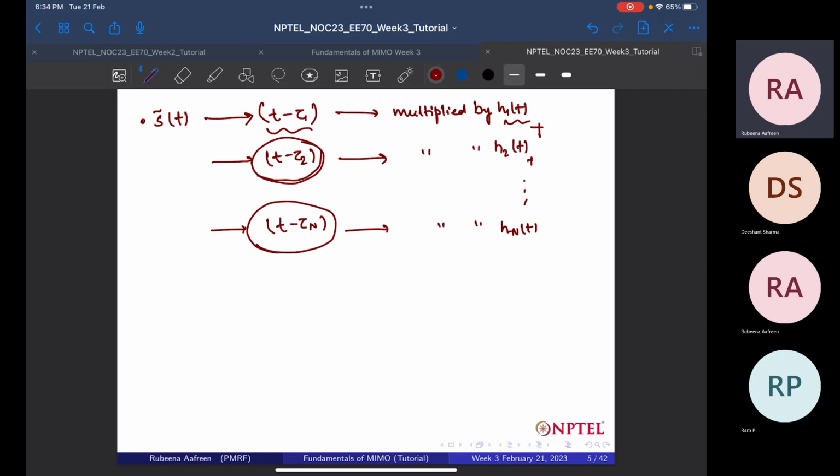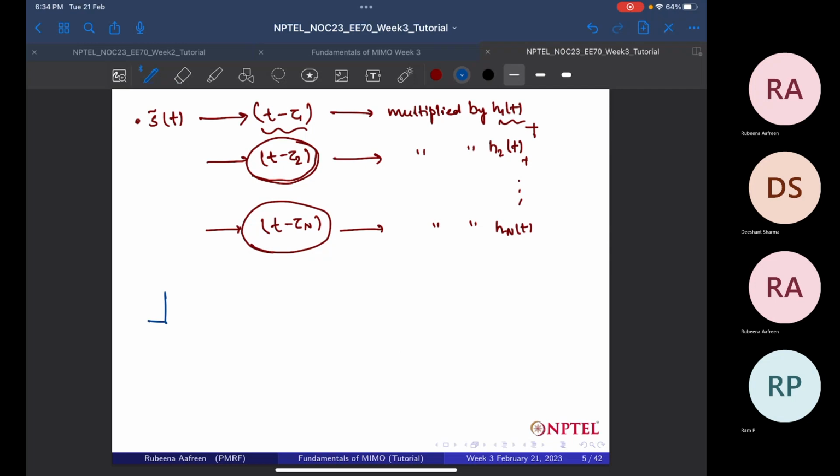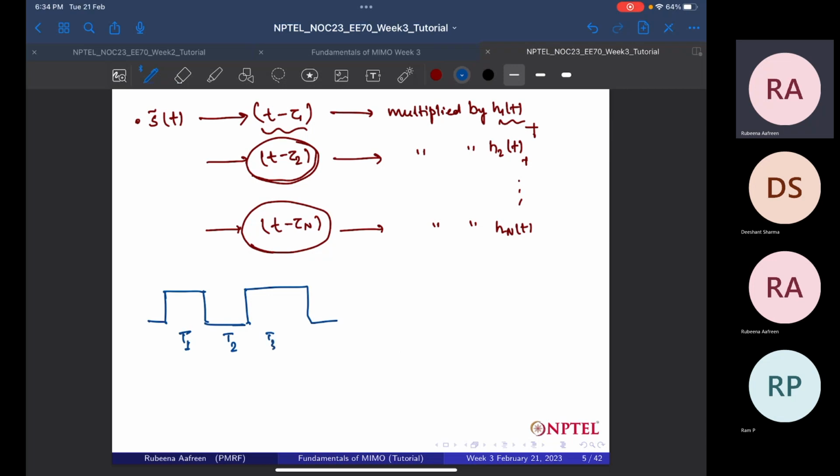So essentially what we are saying is, suppose at the transmitter you are transmitting a signal like this, anything. This is T1, T2, T3, T4, like that.